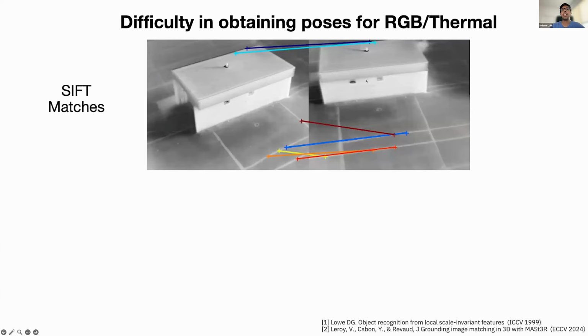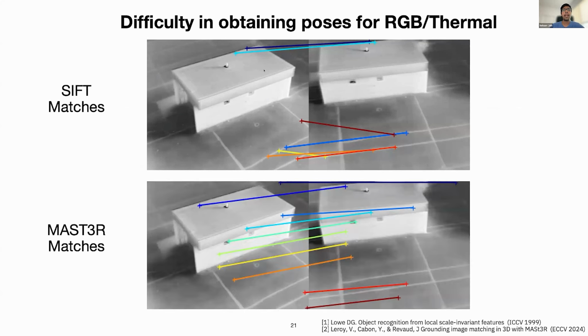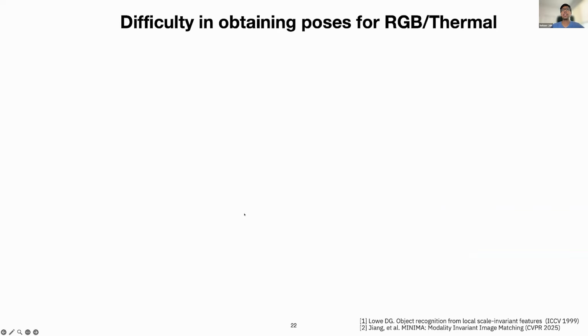In this photo, you can see the SIFT feature extractor, which is used in COLMAP, and the matches that you get are very low quality. You can see MASt3R, which is a learning based technique, and the matches that you get are much better in terms of quality.